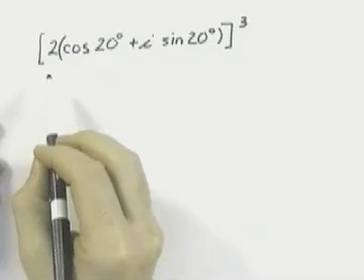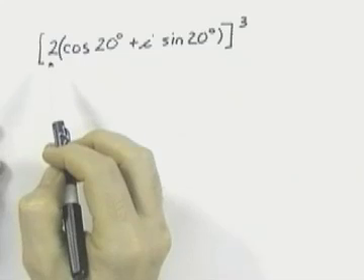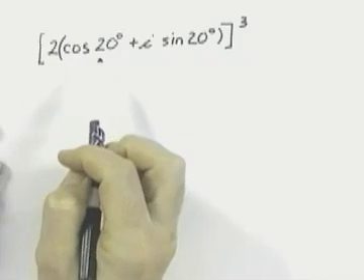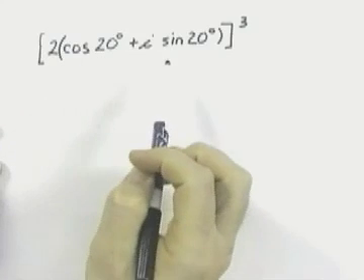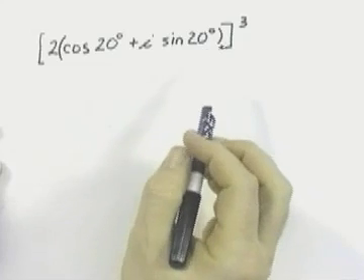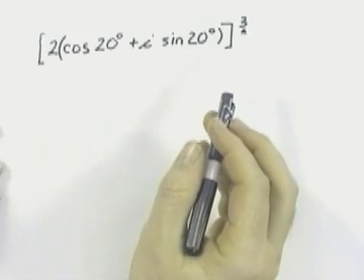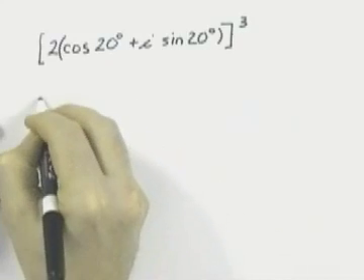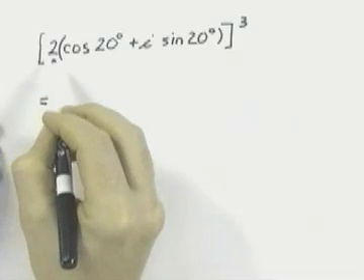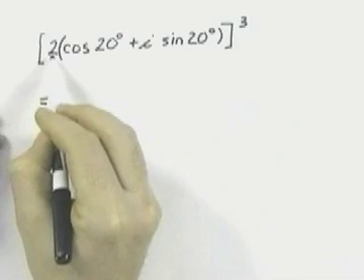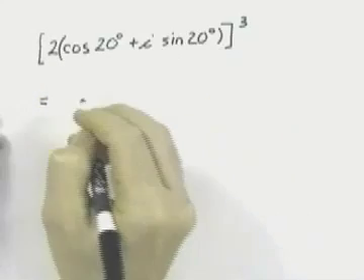So let's look at an example where here I'm taking 2 times the cosine of 20 degrees plus i sine 20 degrees and raising it to the third power. So what the theorem states is that I take the magnitude 2 and raise it to the third power.